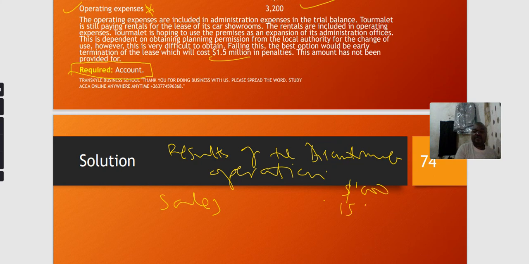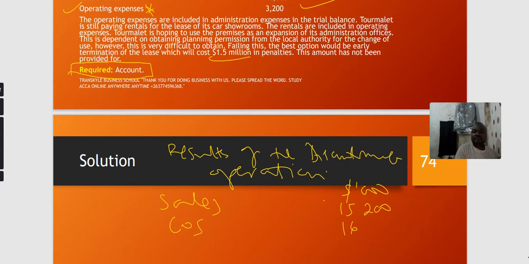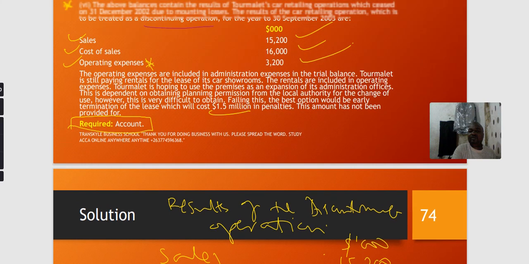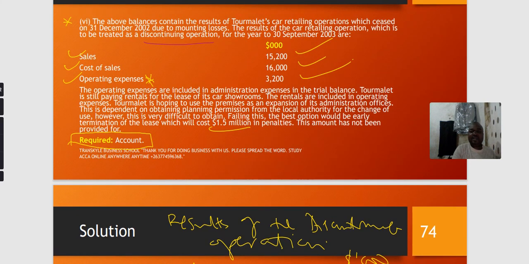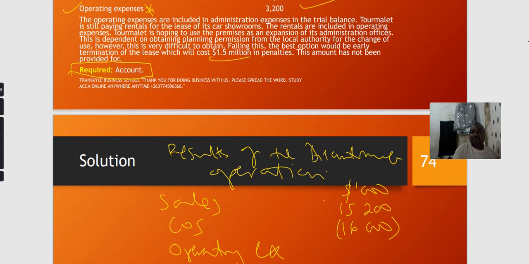So we are saying 15,200,000, and the cost of sales is 16 million. Remember this operation was being closed because it was a loss-making business. The operating expenses, that's how much? 3.2.